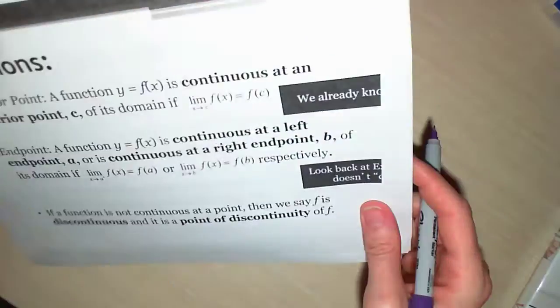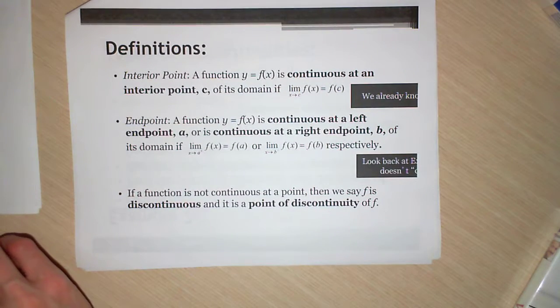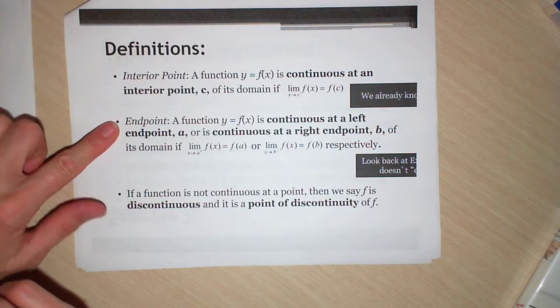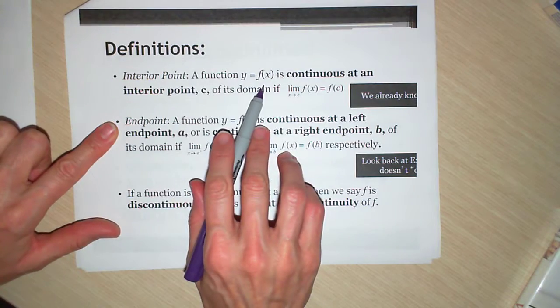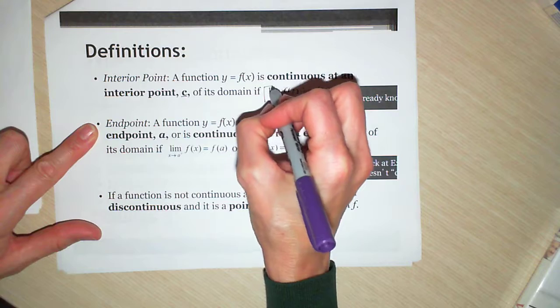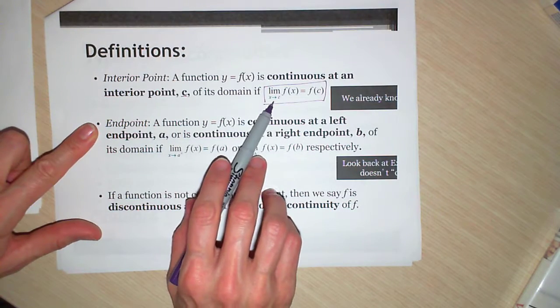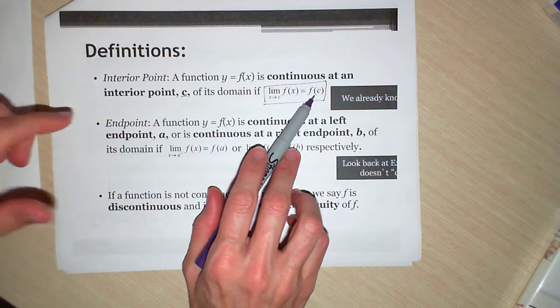Okay, and then we go on to elaborate the definition of continuity to talk about interior points and endpoints. So at an interior point, we say a function is continuous at a specific point c if this is true: the limit as you approach that point of f of x equals f of c.